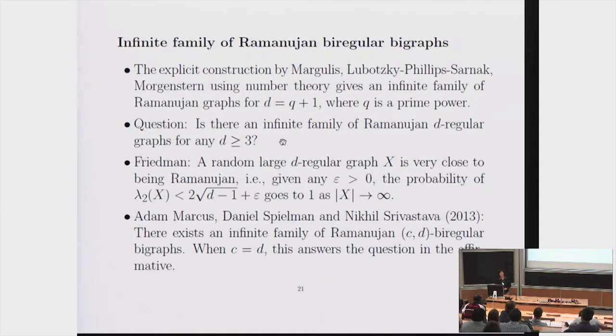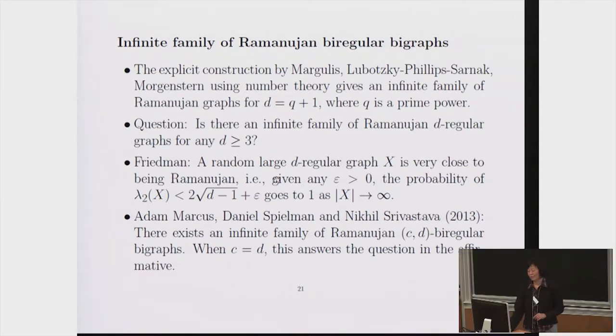Okay. So before we answer this question, Joel Friedman has shown that a random large d-regular graph is very close to being Ramanujan, which means the following. The Ramanujan bound is 2 root d minus 1. Let's relax this a little bit: we take this bound plus epsilon, with epsilon positive, no matter how small, just fixed.